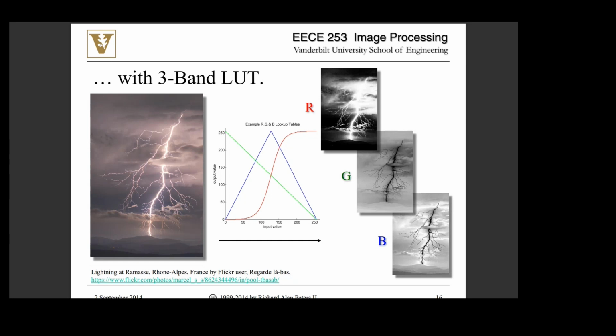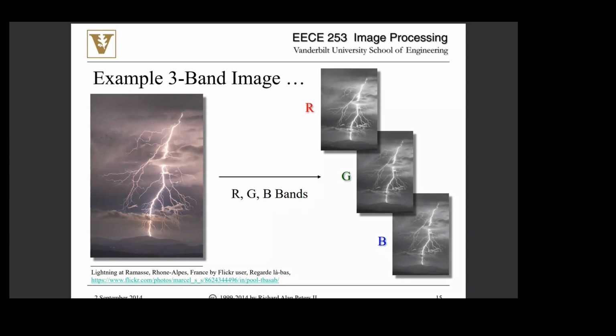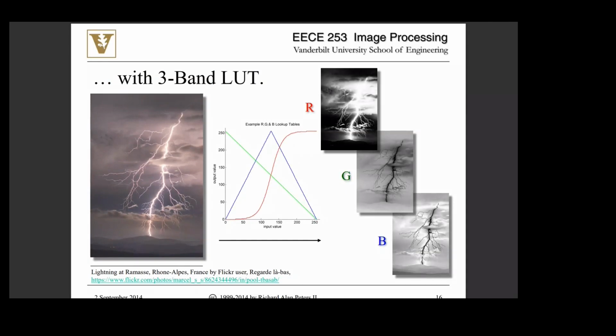How was the red band before? It was like this. All the dark areas, I will make them darker. All the bright areas, I will make them even brighter. Now all these dark areas are darker, and all the bright areas are even brighter.